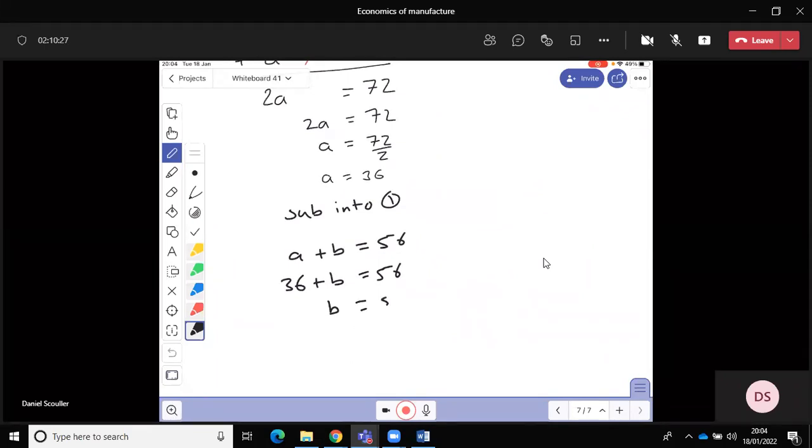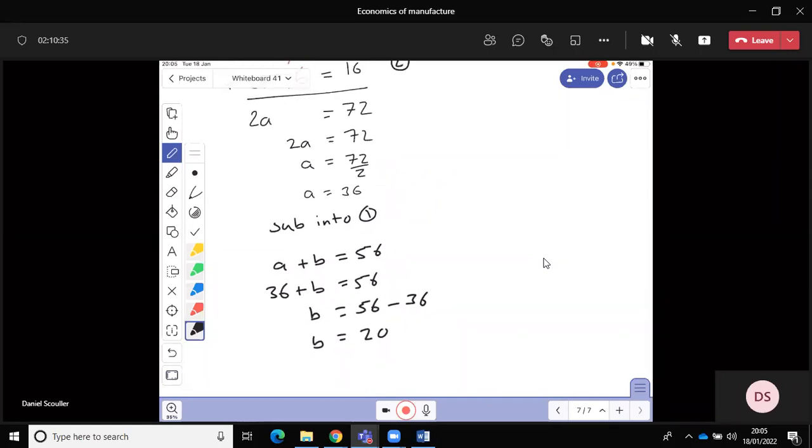B equals 56 minus 36, so B is 20. There we've got our two unknowns. Remember, you could check that by substituting B into one of the equations. I'm not going to, getting a wee bit short on time, but we'll move on.